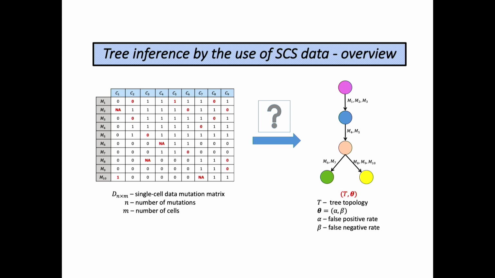Typically, we have a false positive rate and false negative rate that are assumed to be known. We would like to come up with a tree topology and an assignment of each one of these cells to a particular node depicting a clone or subclone, such that the error correction cost is in line with what you expect with respect to false positives and false negatives. You can come up with, again, a combinatorial optimization function to achieve this.